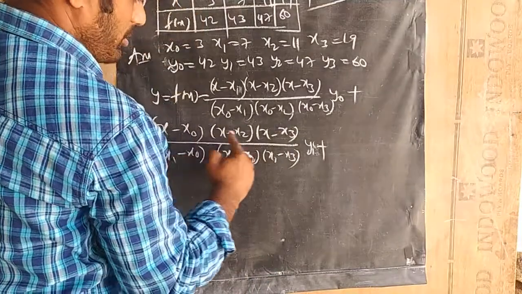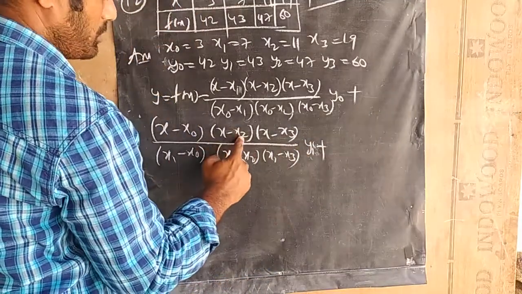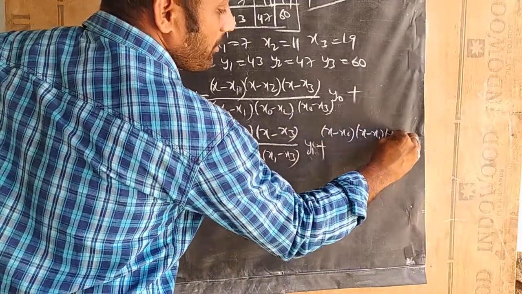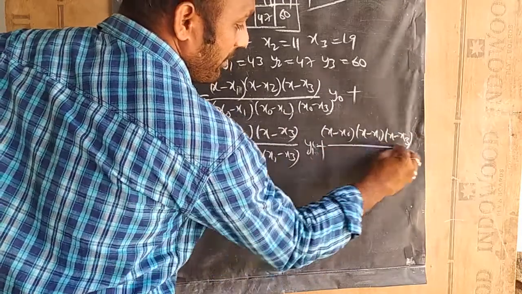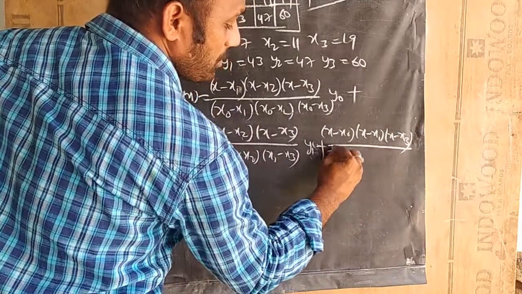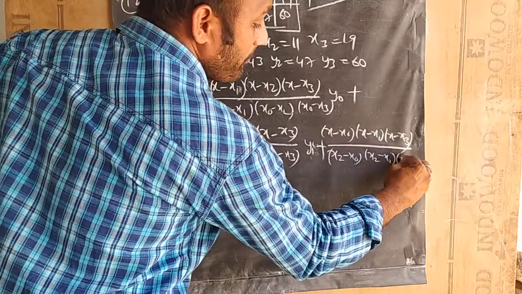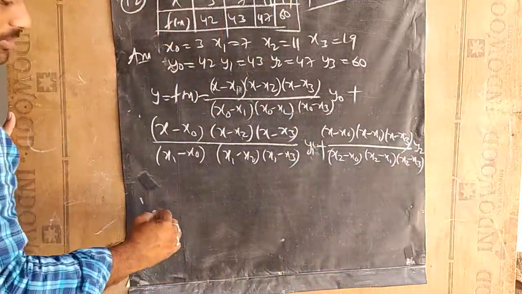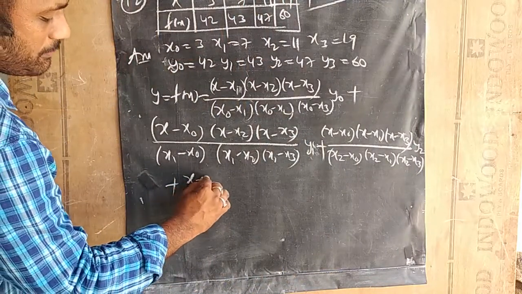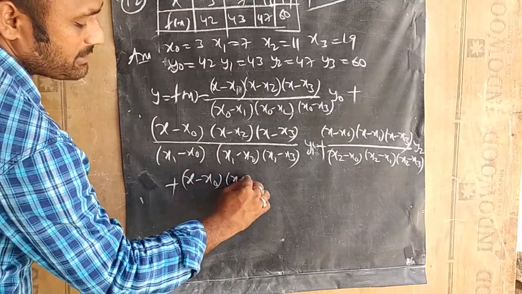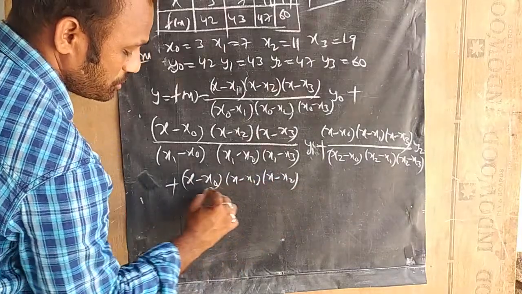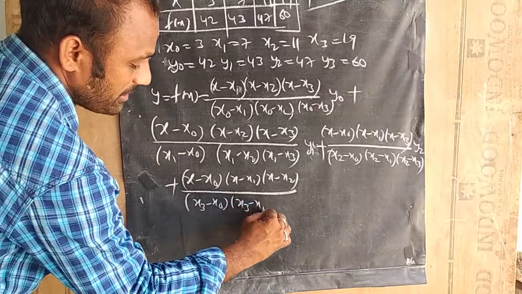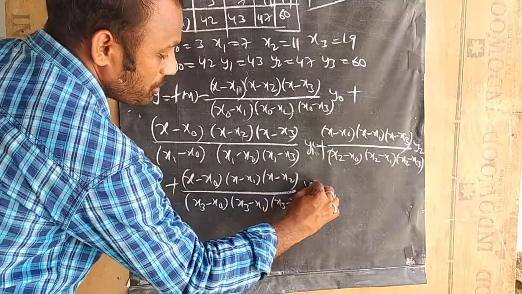Here also the same. Next we will start with y2, so the x2 term should be missing: (x − x0)(x − x1)(x − x3) divided by (x2 − x0)(x2 − x1)(x2 − x3), into y2, plus (x − x0)(x − x1)(x − x2) divided by (x3 − x0)(x3 − x1)(x3 − x2), into y3.